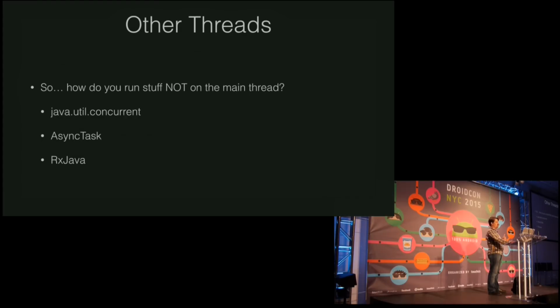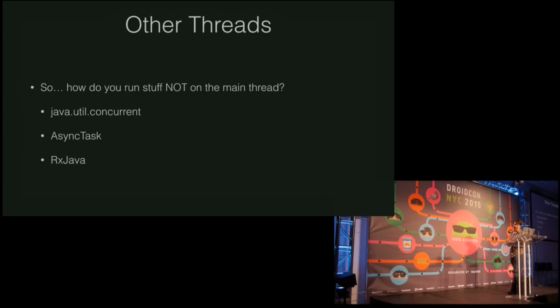So then how do you run stuff not on the main thread, if you're not supposed to run it there? There's a couple of different ways. Not all of them are listed here. But a few of them are. There's stuff in java.util.concurrent that's just Java, not specific to Android. There are executors and various concurrency mechanisms in there.